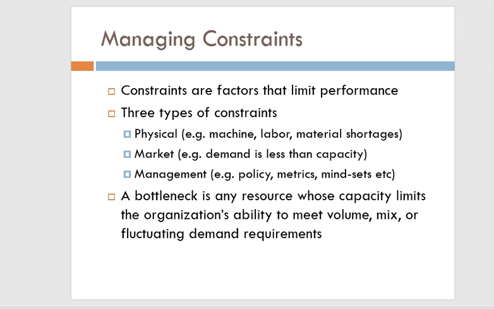But that would be considered a bottleneck. You couldn't do any more than what the machine is capable of doing, and that would be one type of constraint. I'm not going to go over the 2 other ones. You can certainly look those up if you're interested, but I wanted to go over this particular one and to help you recognize that a bottleneck is any resource whose capacity limits the organization's ability to meet volume, mix, or fluctuating demand for a product.